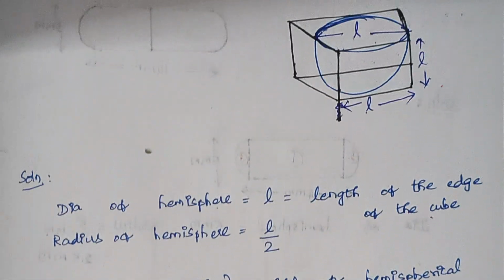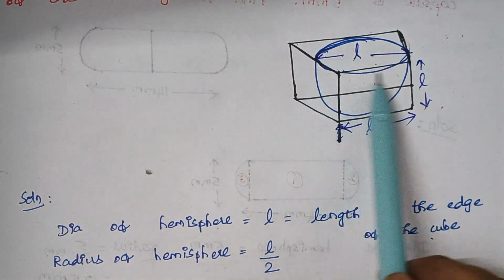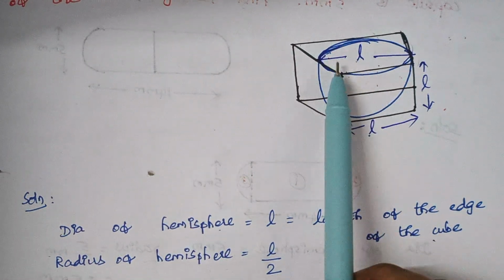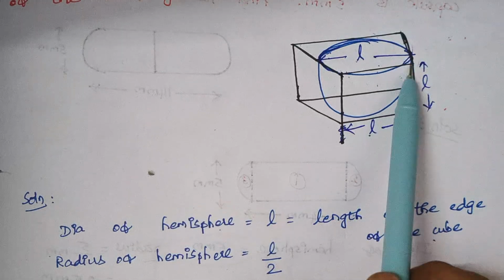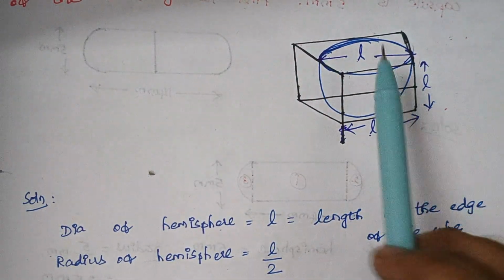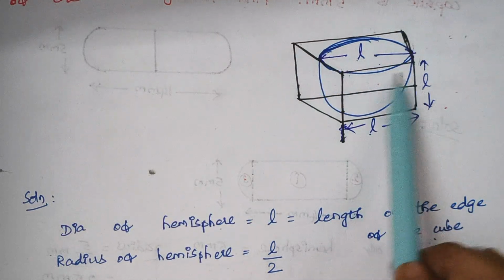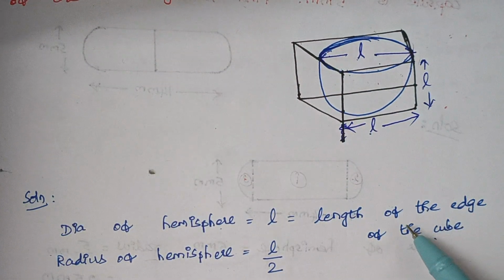Because this base area of the hemisphere forms a part of this surface of the cube, it occupies some portion of the surface of the cube.